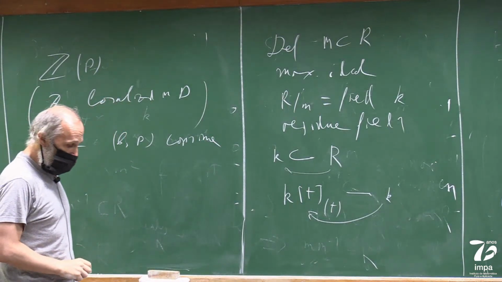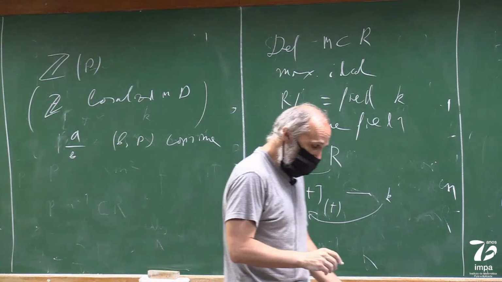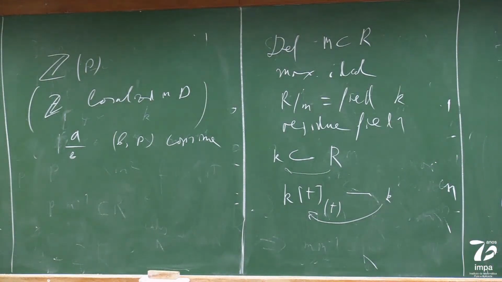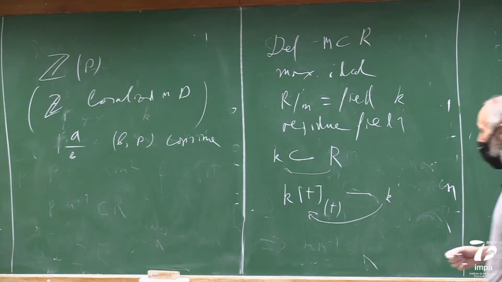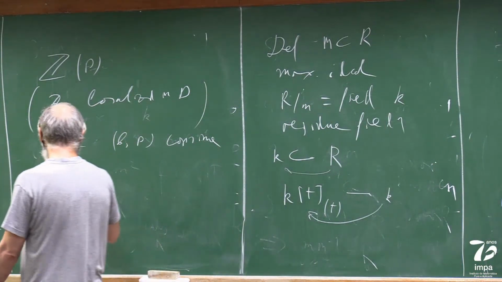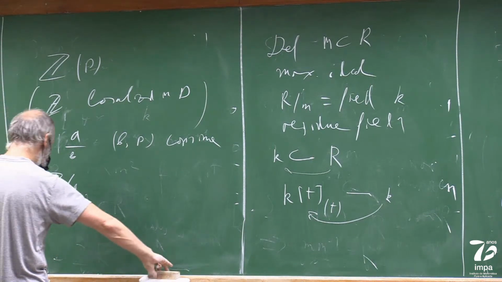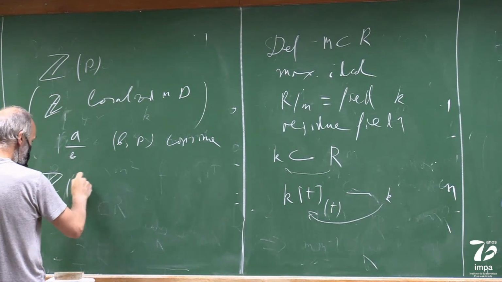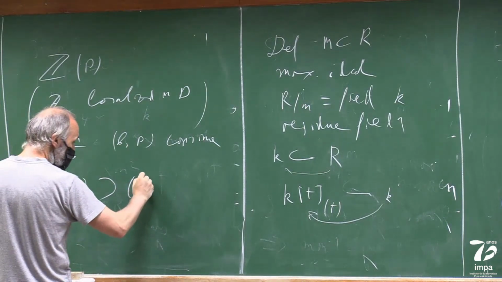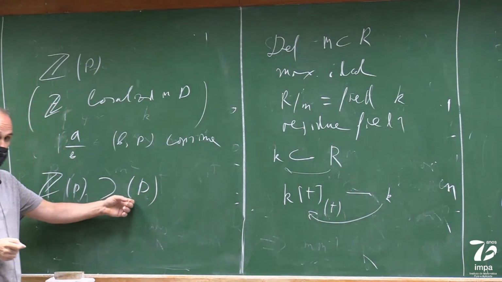So you invert all integers which don't belong to the ideal P. And this ring contains the ideal generated by P, which is a maximal ideal.